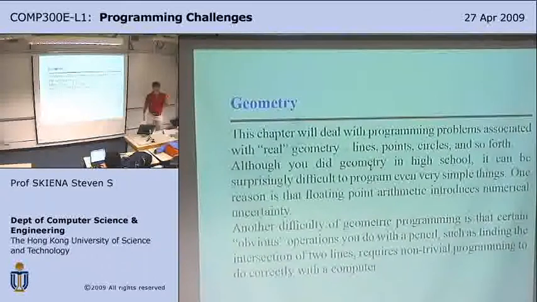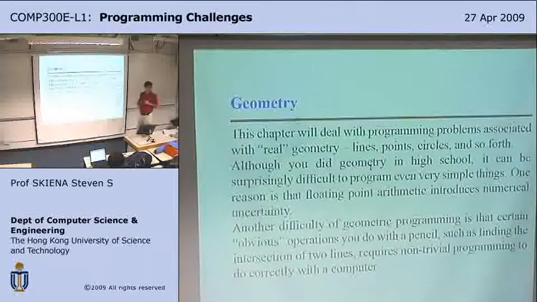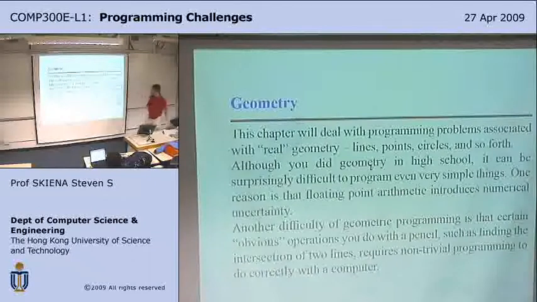What other complications are there that make geometry hard to work with? One related thing is that there are often a lot of special cases that come up, and you have to deal with them for the program to be robust.